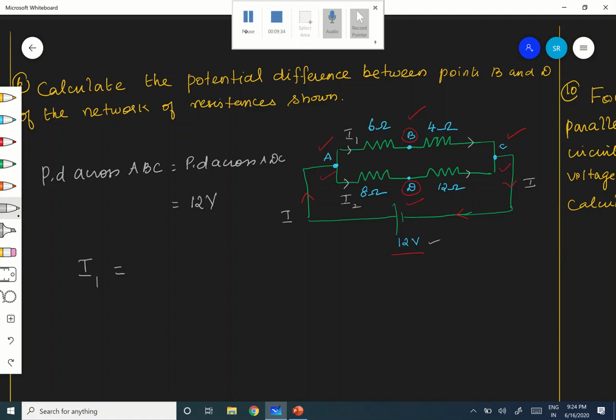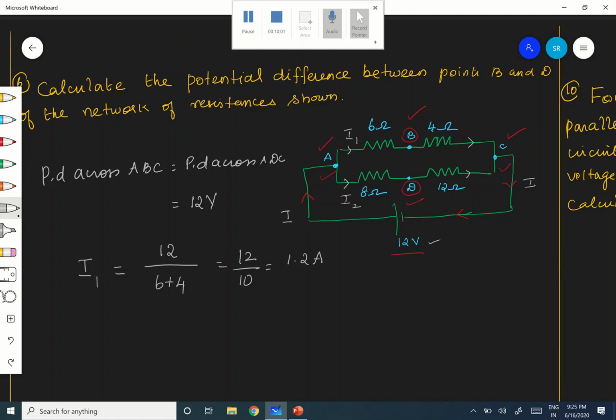And what is the resistance here? 6 and 4, both in series, so 6 plus 4 is equal to 10. So 12 by 10 is 1.2 amps. Is it clear?